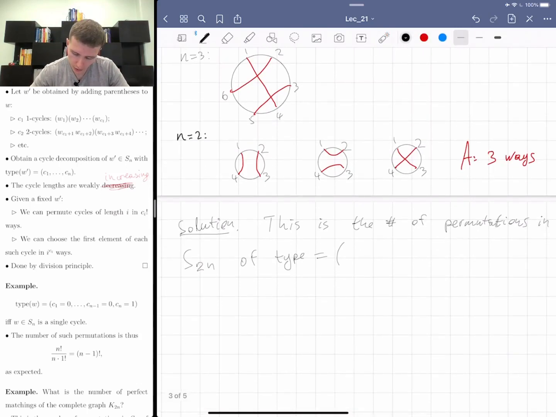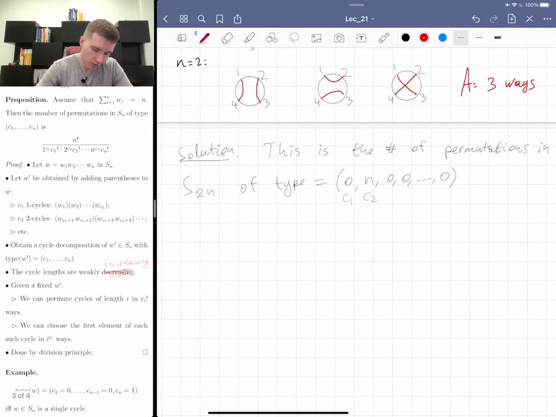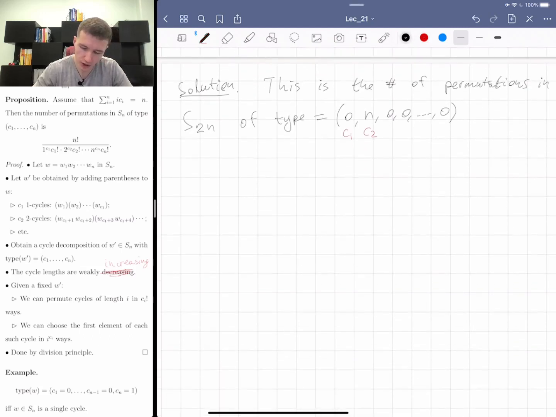Of type 0, so c_1 is equal to 0 because there are no 1-cycles, and then c_2 is equal to n, because the total number of letters is 2n. Again, I'm allowed to use this formula here. By the way, such permutations are also known as fixed point free involutions.